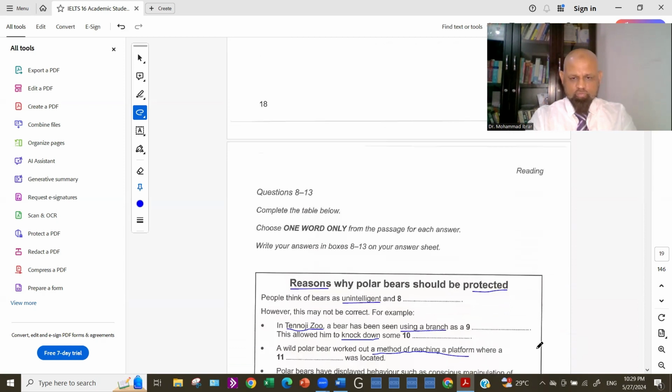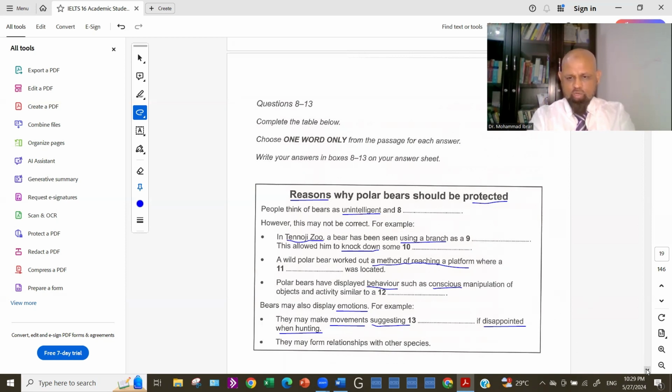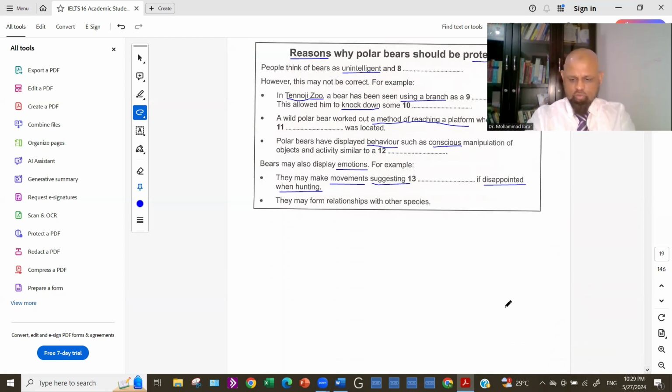Go back to the question. Now, so as a tool, this allowed him to knock down some, to remove something. Yeah. So he used the branch to shake it. Knock down something. What? So what is he going to get out of it? Let's check. Sorry.